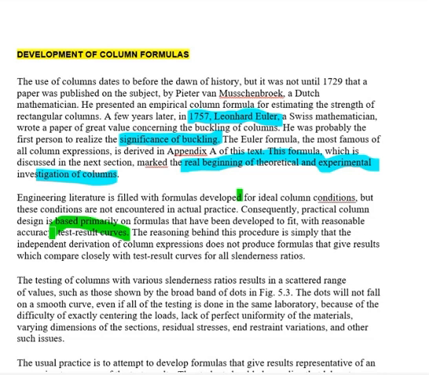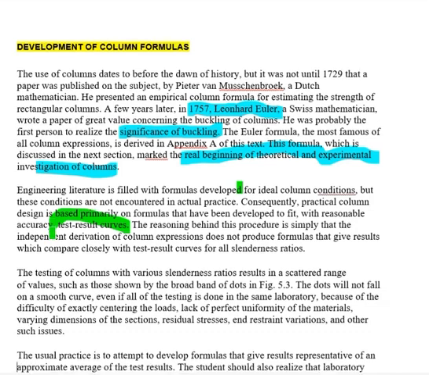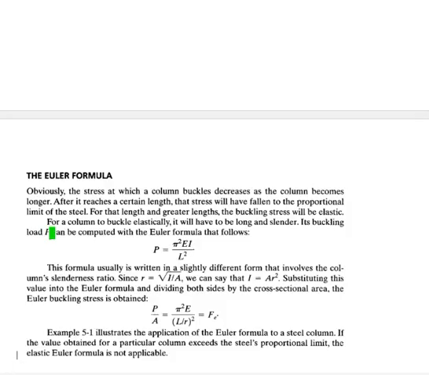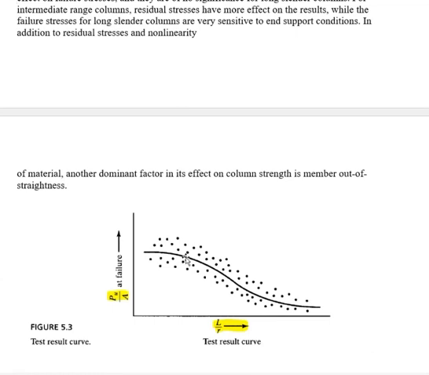So let us see this kind of testing of columns with various slenderness ratios. Okay. Here you could see the material Pu by A, that's the stress at failure, and test result curve with respect to slenderness ratio.